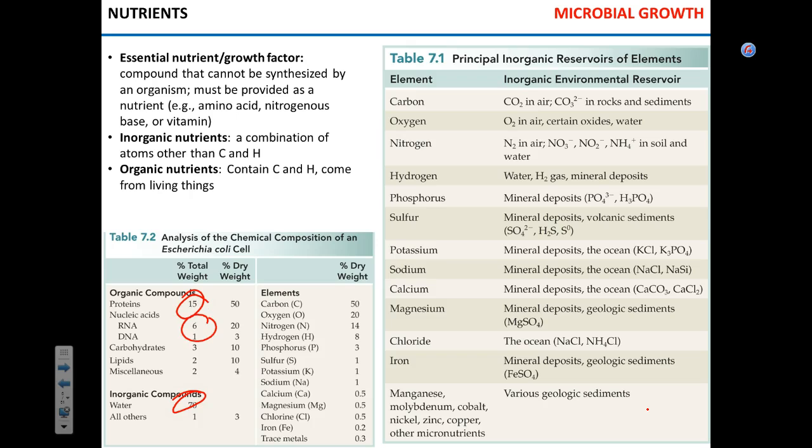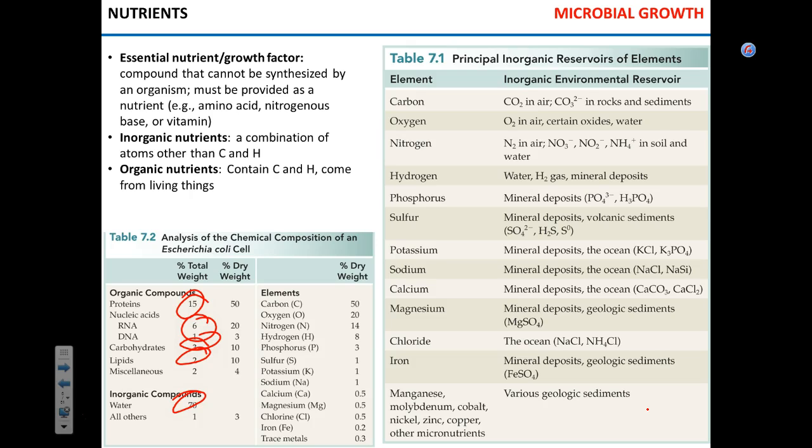Proteins, nucleic acids, carbs, lipids. So you can see that proteins comprise 15% of the weight of an E. coli. Kind of shows us that life is made of proteins. That makes sense.